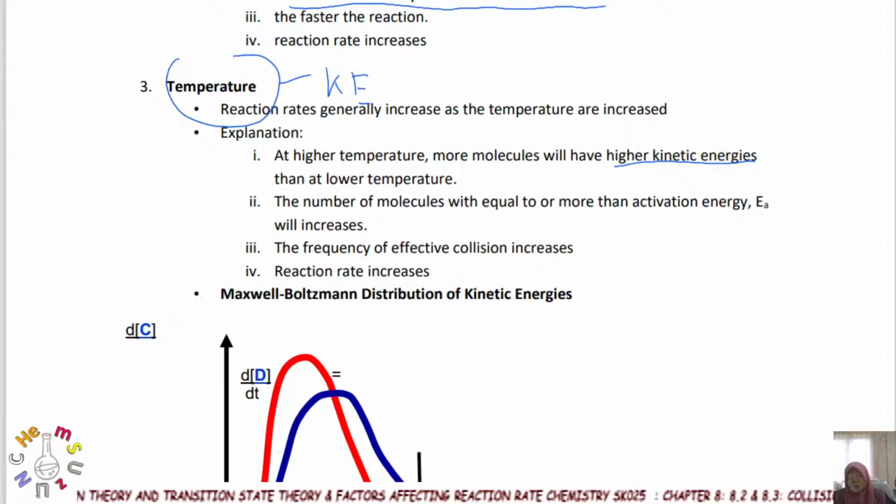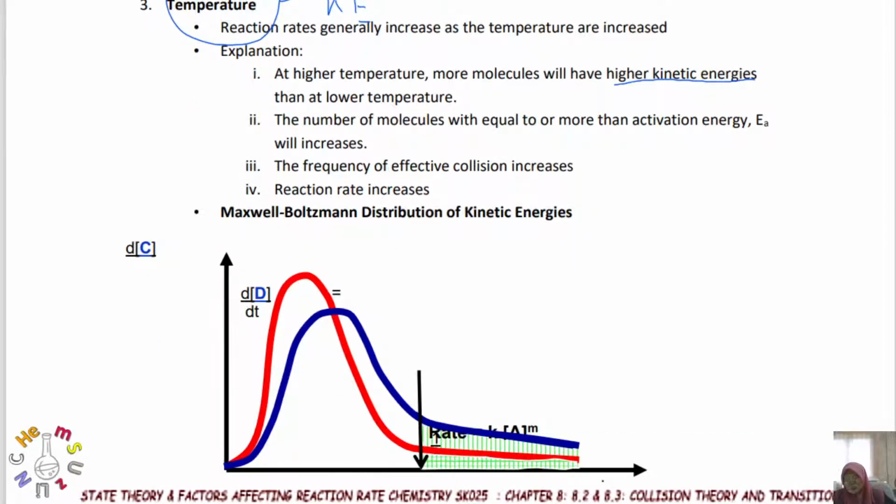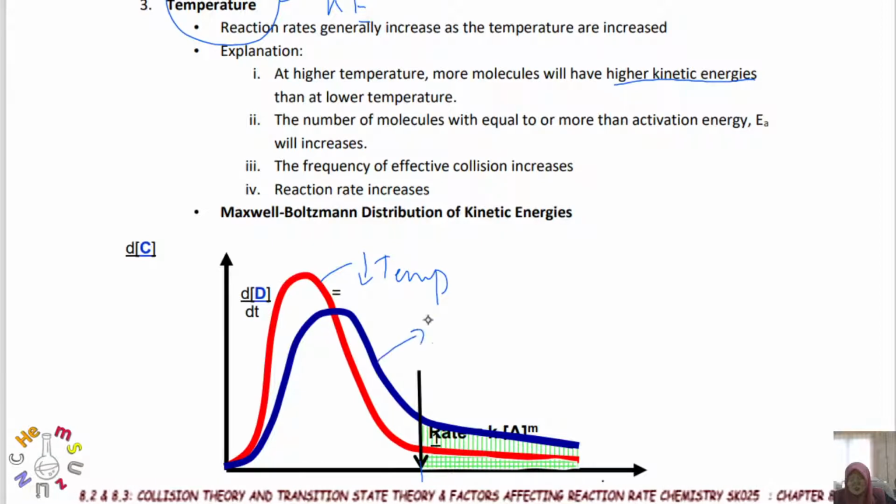Rate ni. Yang mana daripada cerita tu kita dapat tengok dekat Maxwell-Boltzmann ni. Okay. Apa yang berlaku? Yang ini adalah activation energy. Okay. Jadi ini adalah pada low temperature. Ini adalah pada high temperature.